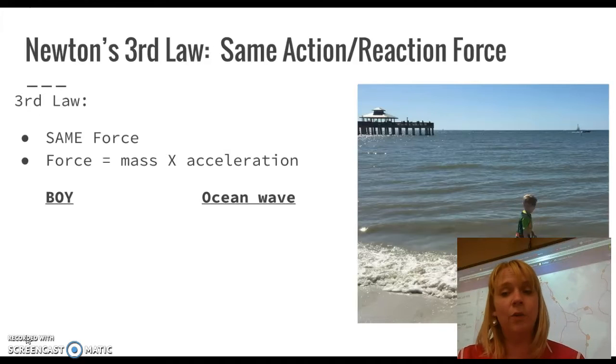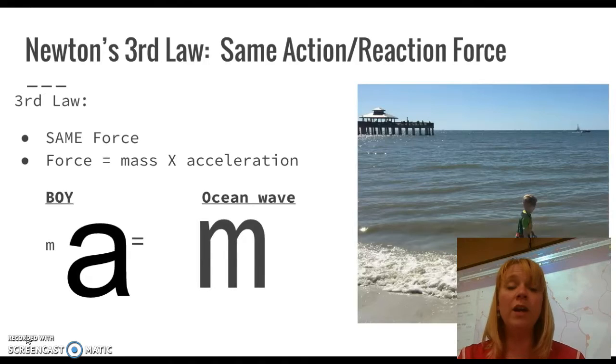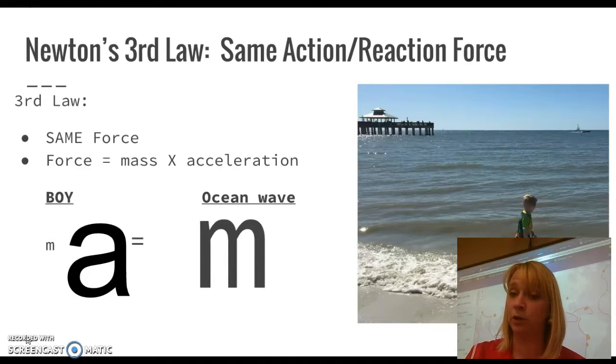The boy is going to have a really small mass compared to my ocean wave's mass. If I have a smaller mass on the boy side, but it still has to equal the same force, we're going to have a huge acceleration on the boy. Small mass, big acceleration.